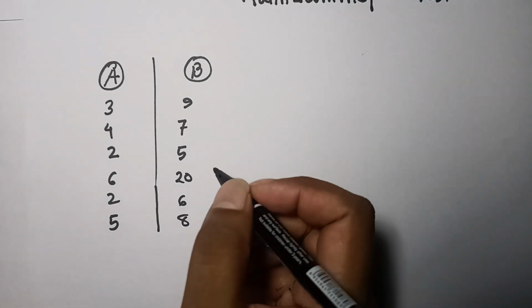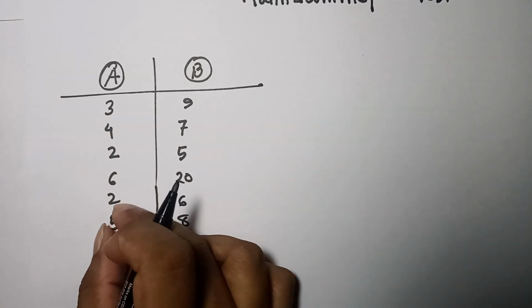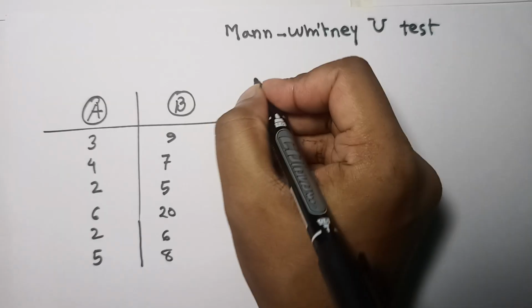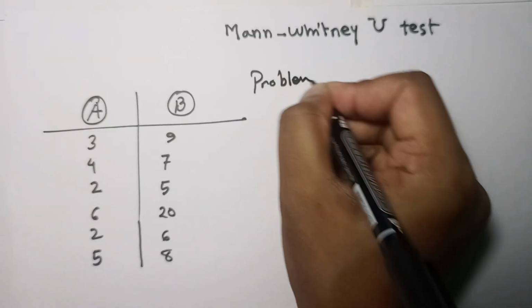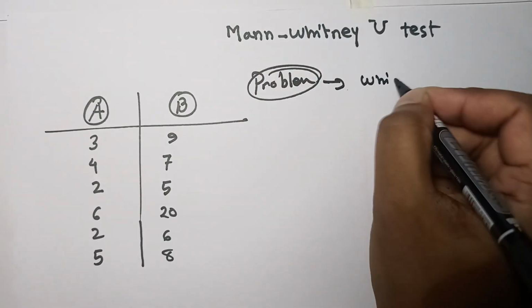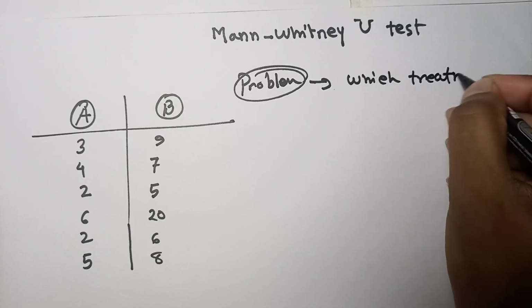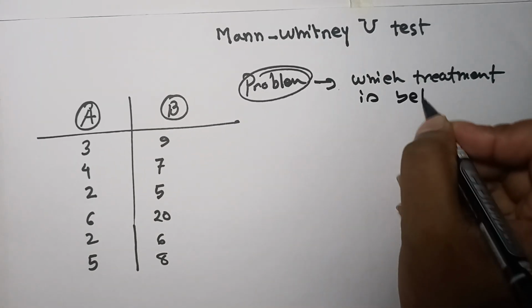Okay, these are the two groups and these are the scores that these treatments get. Now this problem is which treatment is better.